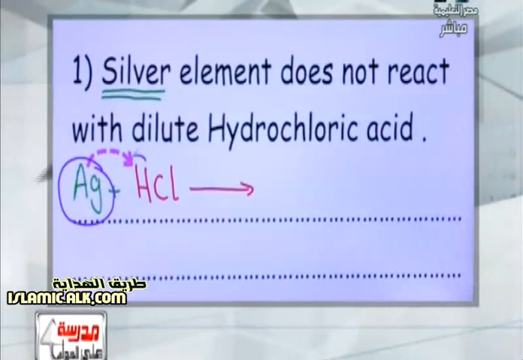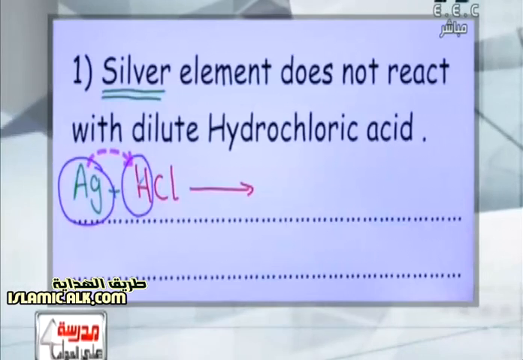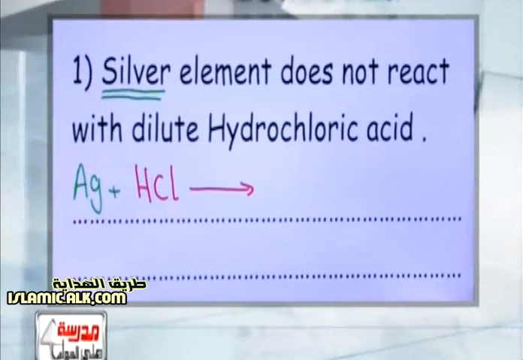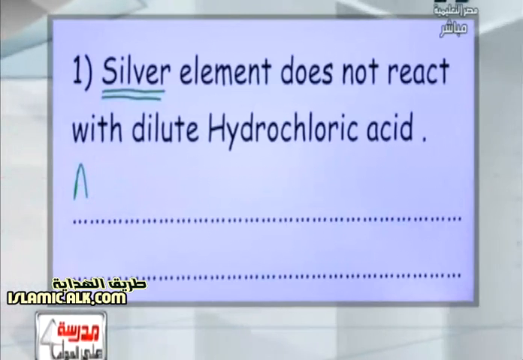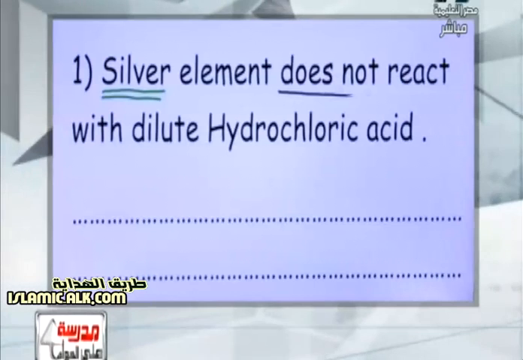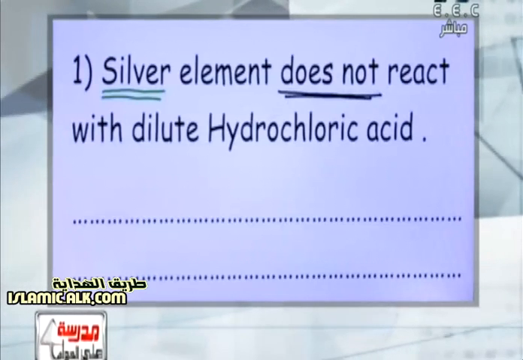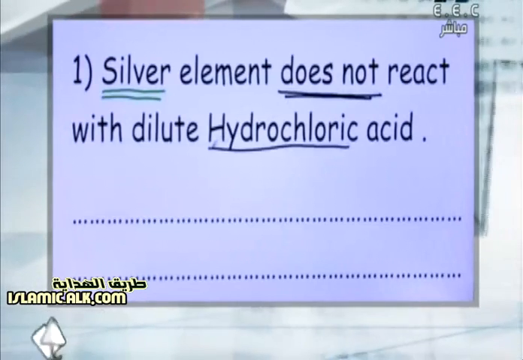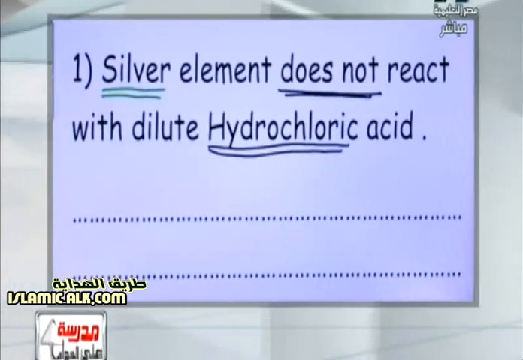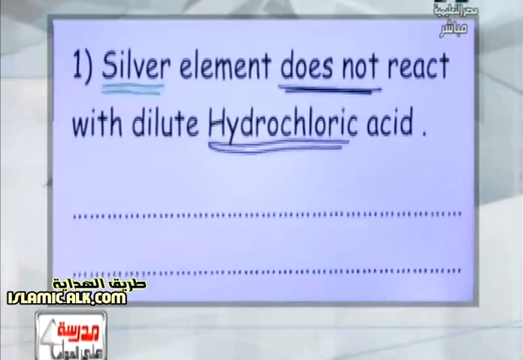I tell them because what? Because silver is what? More active or less active? We know here silver is less active than what? Than hydrogen, because hydrochloric acid is HCl. So silver is less active than hydrogen in what?